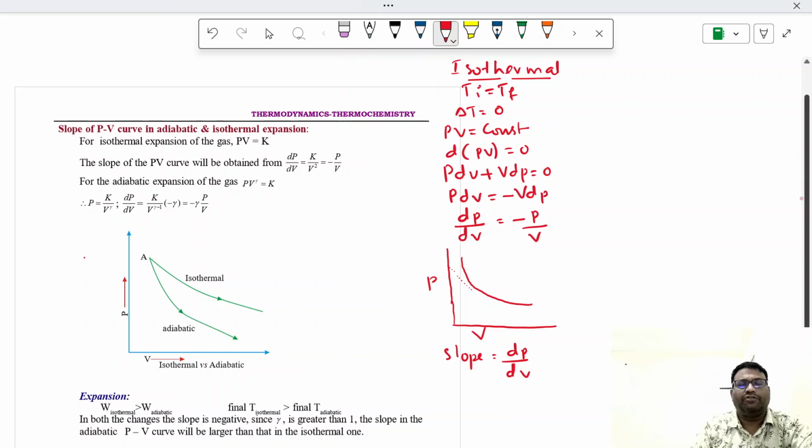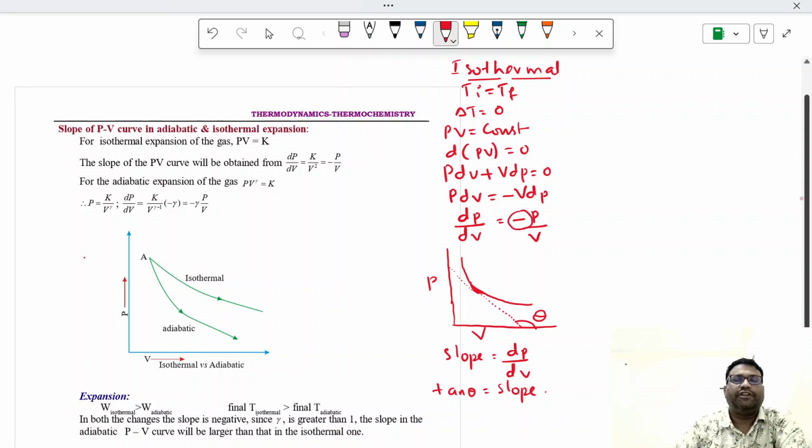If you want to find the slope, we have to draw a tangent. This tangent makes an angle theta, and tan theta is the slope. So slope is negative.